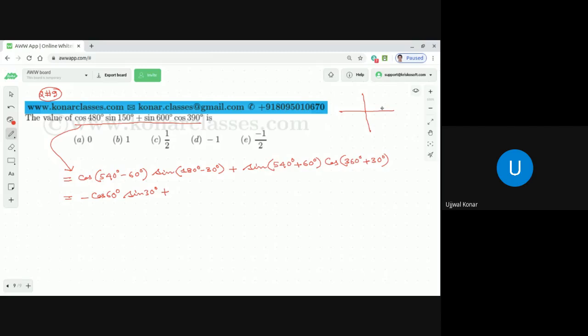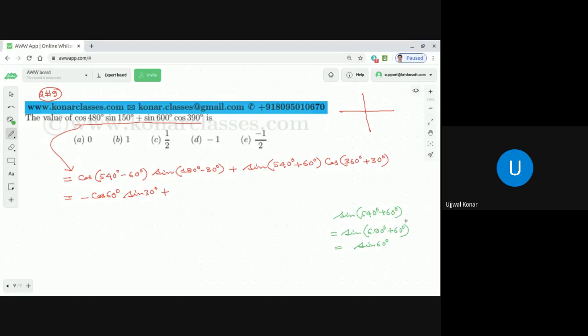Okay. So let me take one example and use a different color. Sine of 540 degree plus 60 degree, you can write as sine of 6 into 90 degree plus 60 degree. 6 into 90 degree means it is an even multiple, so it should be sine 60 degree. But 540 plus 60 degree is in which quadrant?